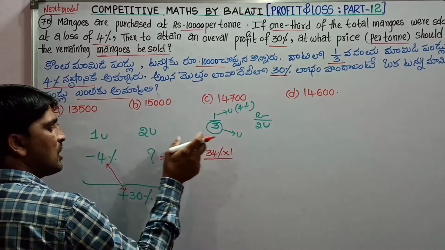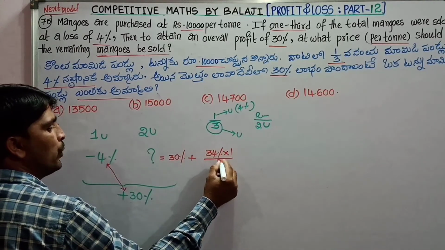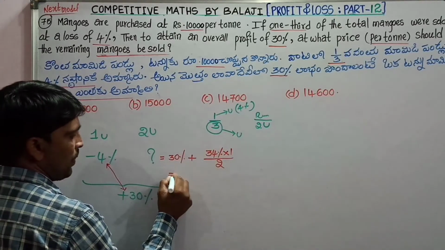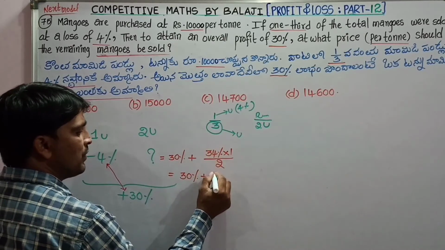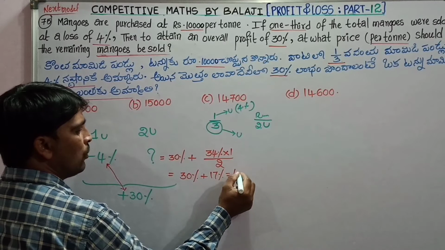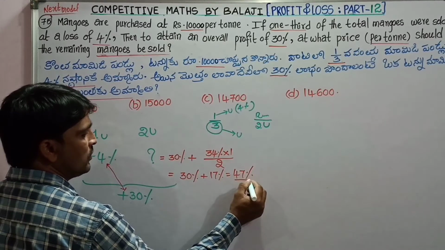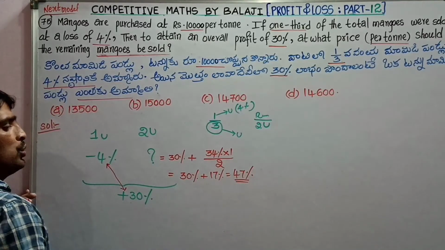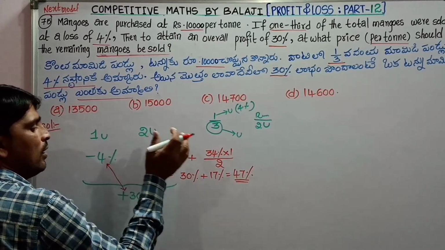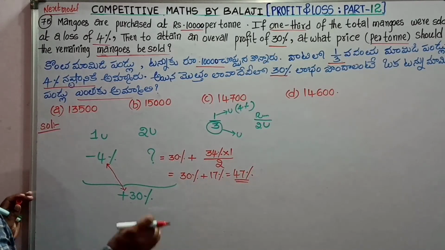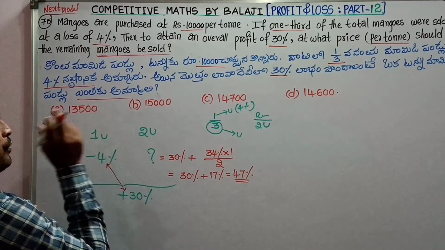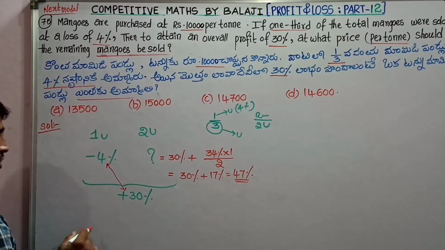This deficiency must be covered on the remaining 2 units of mangoes. Half of 34 is 17%, which with 30% is equal to 47% profit. So we should sell the remaining 2 units of mangoes at 47% profit. Now we have to find the selling price per ton of the remaining mangoes.